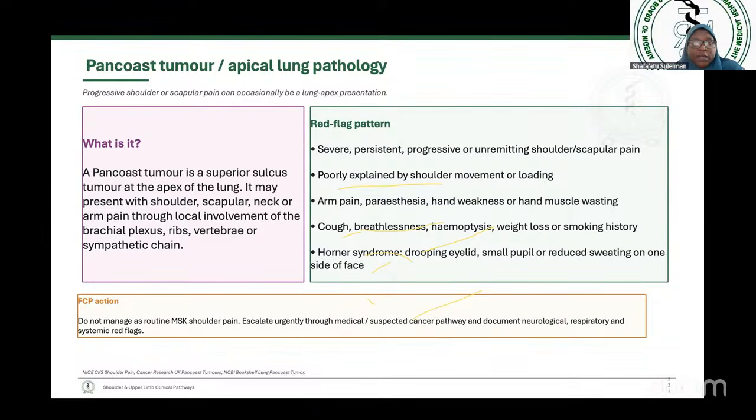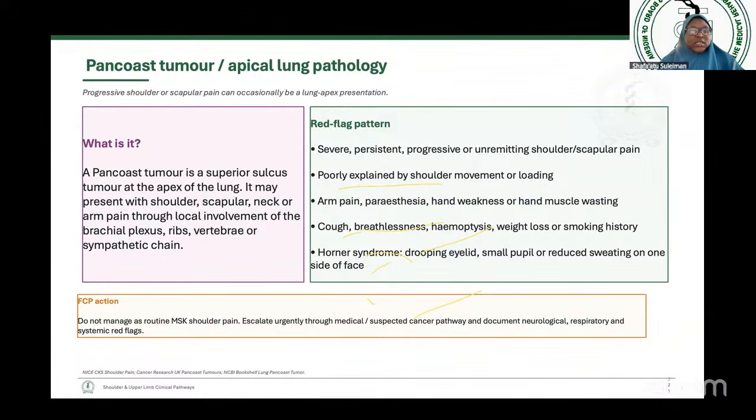There is severe, persistent, progressive, or unremitting shoulder and scapular pain, which is poorly explained by shoulder movement or loading. Like the patient is having pain, but he cannot really explain why the pain is coming.